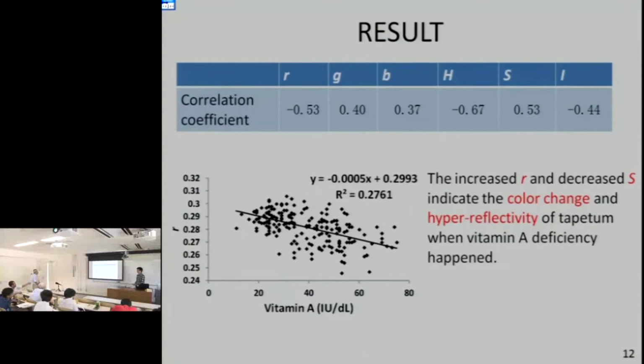No, I mean this correlation you calculated one by one, independently. Yes, independently. But I think the story will be different if you try RGB and SI, how they interact with your vitamin A, and then by some statistical analysis you can show us what happens if we deselect this.